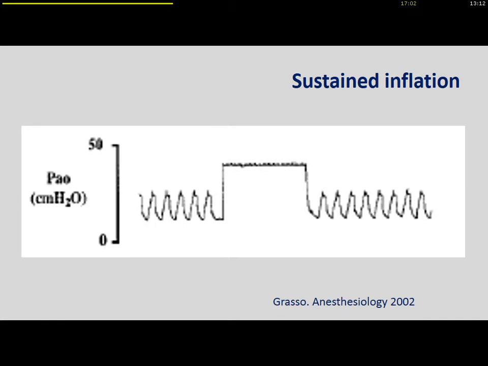The sustained inflation method uses an increase in PEEP on top of the current ventilation. Traditionally, it was 40 of PEEP for 40 seconds, and this maneuver in an animal model was associated with some injuries of the airways because of the rapid increase in PEEP from the actual level to 40. And there is an abstract tomorrow showing that when we decrease PEEP rapidly, this is also associated in animal models with some airway injury.